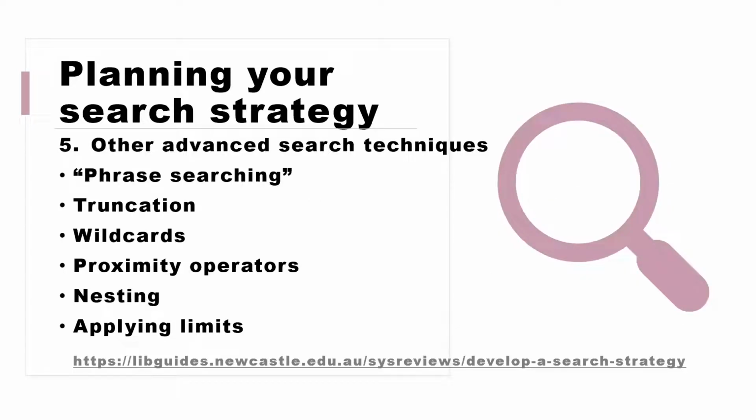And there are other advanced search techniques that we're going to use too. There's just a few listed on here because we want our search to find everything we can that will answer the question, but we also don't want to bring back thousands of irrelevant results.